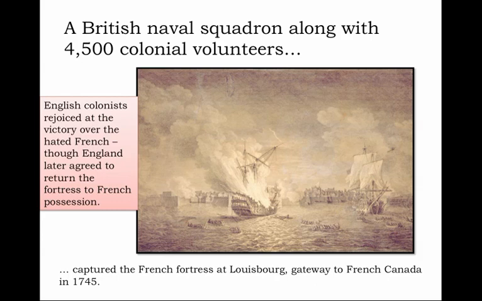This was a matter of patriotism for these young colonists, these young subjects of the British Crown. And as subjects, they rejoiced at the victory over the hated French, though England later agreed to return the fortress to French possession. The conflicts will continue and will inspire patriotic solidarity between the English colonists and the mother country.